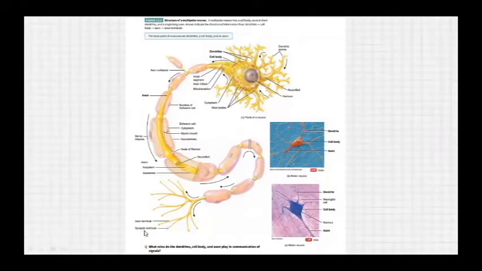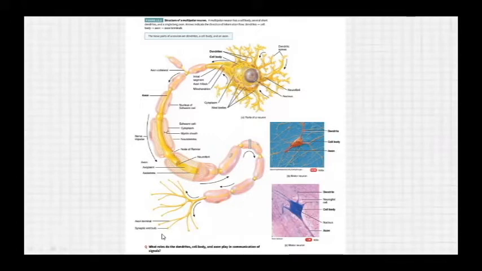If you look closely at that synaptic end bulb, you will find the synaptic vesicles where neurotransmitters are stored.